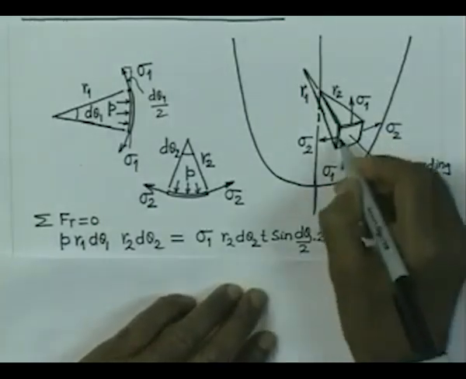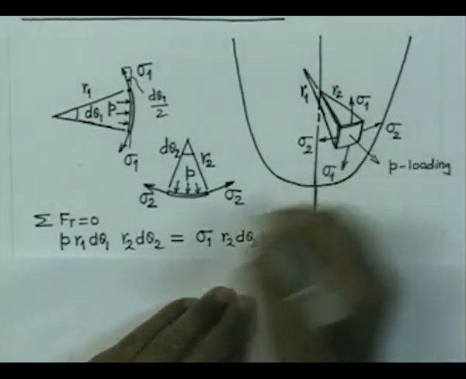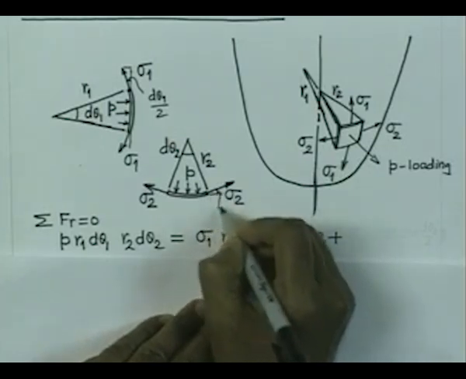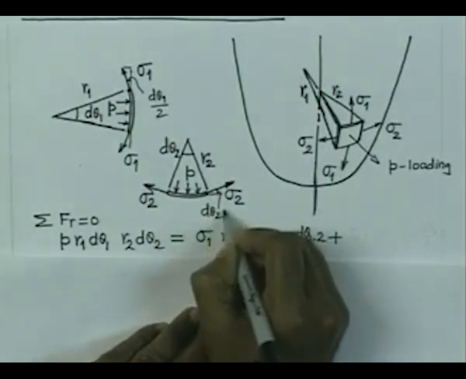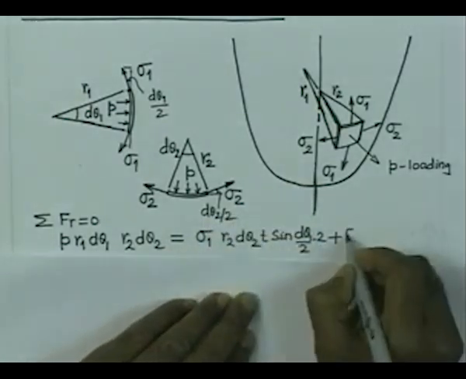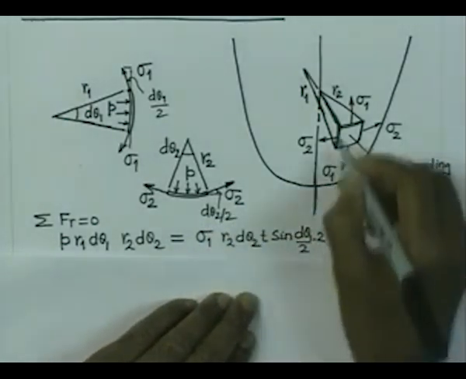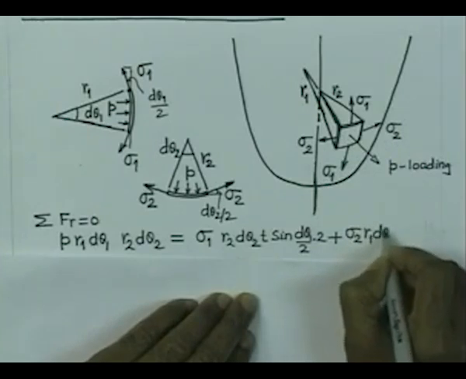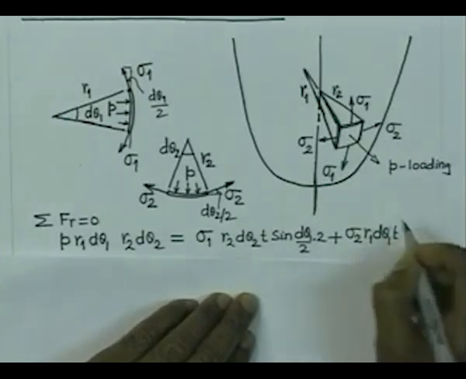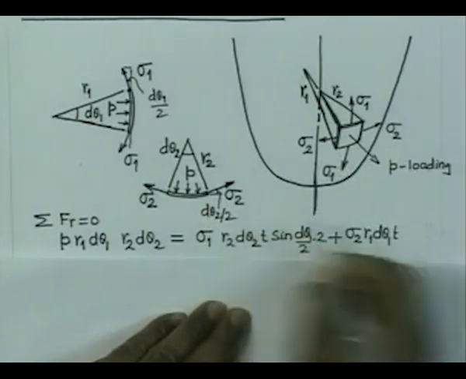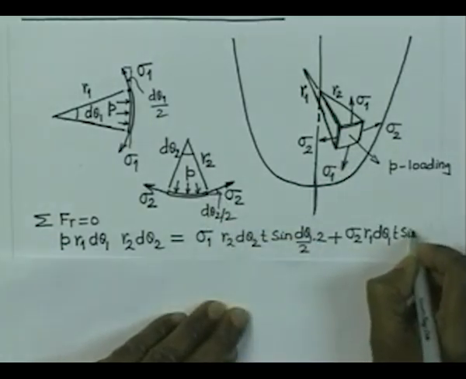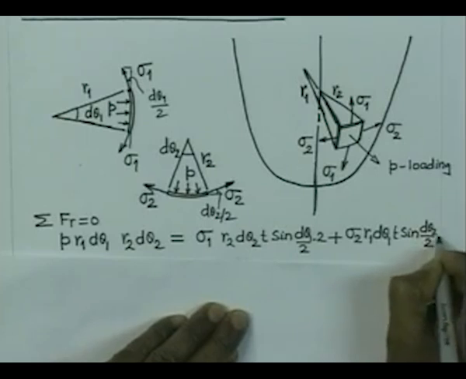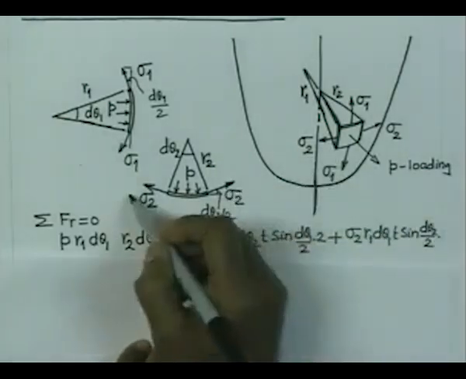Similarly, if I try to consider these forces which are here, again it is going to make an angle here which is of d theta 2 by 2. So, I can write now sigma 2 acting over an area of R1 d theta 1 into t and the sine d theta 2 by 2 component, and we have one from this side, another from that side.